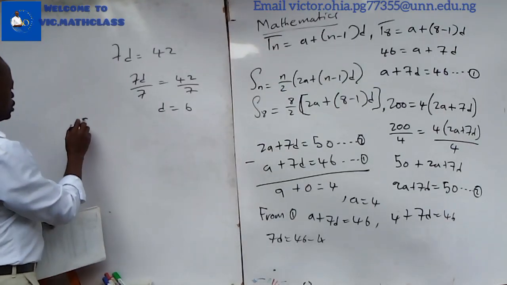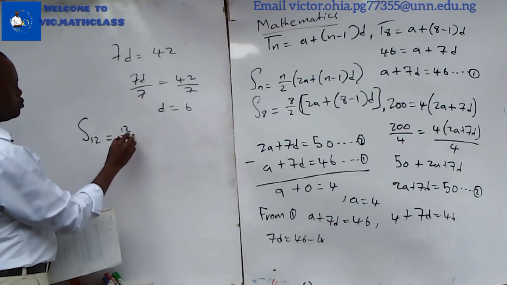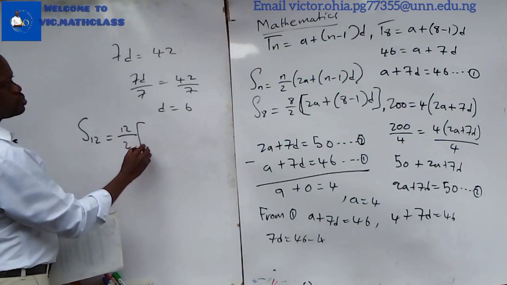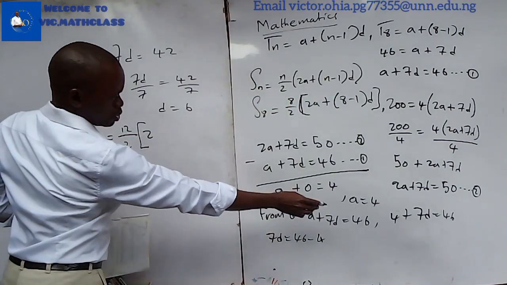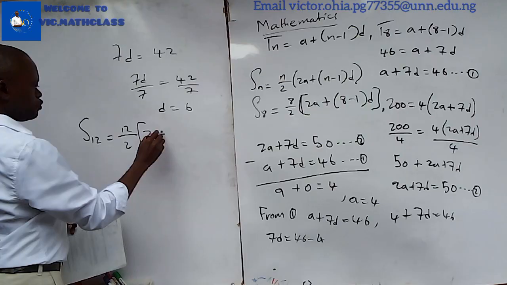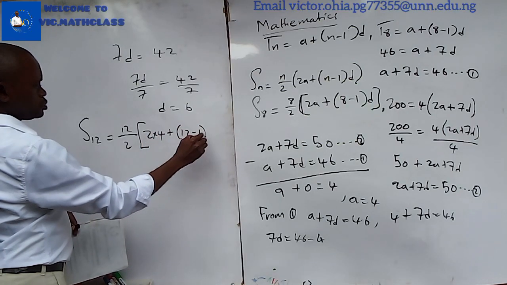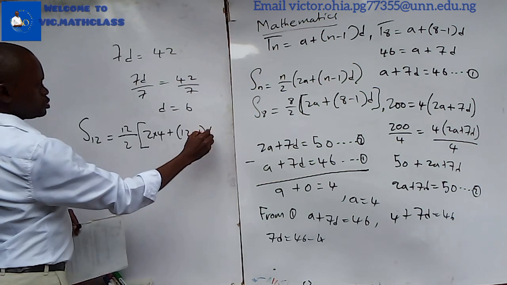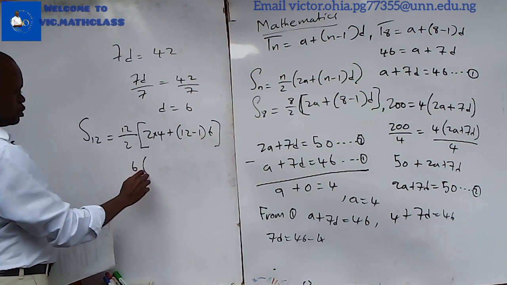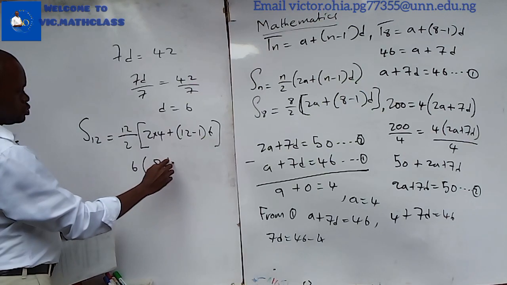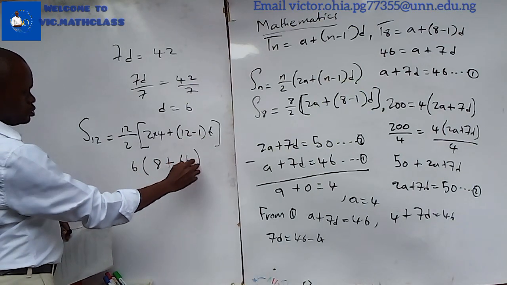That is, we are now talking about S12, and that will give us 12 over 2 in bracket 2 times a now. 2a, our a is 4 times 4 plus 12 minus 1. Then common difference is 6. So with this now, I have 6 in bracket 8 plus, this is 11 times 6, which is 66.